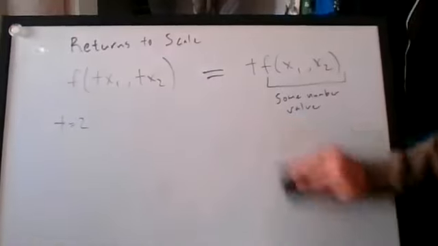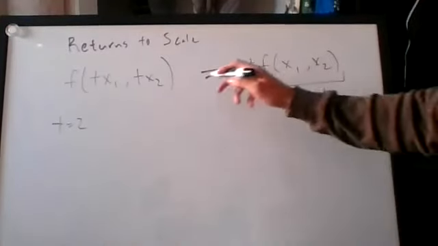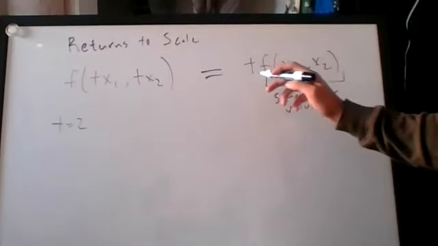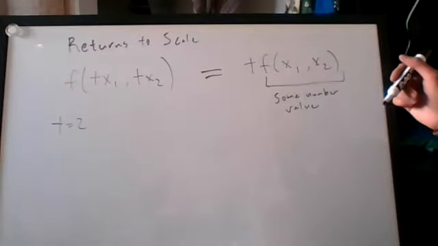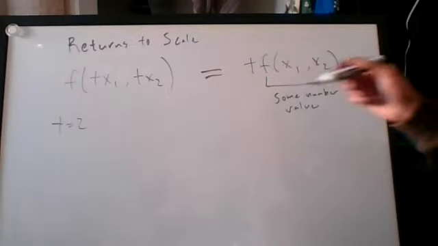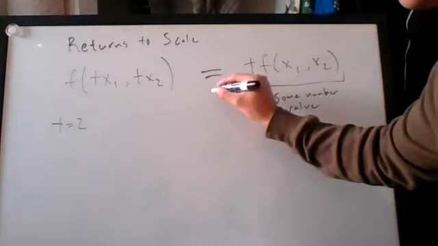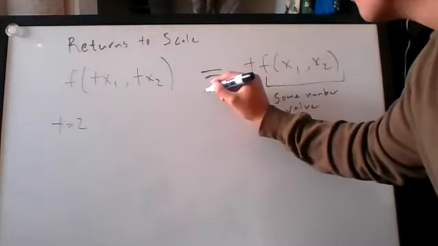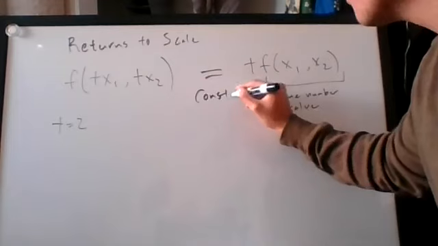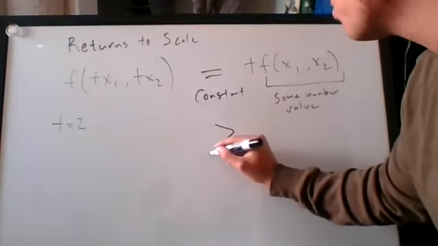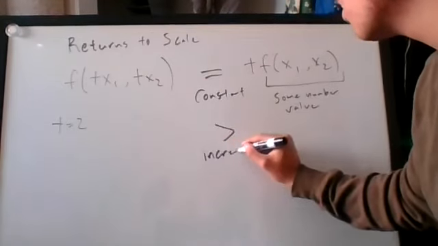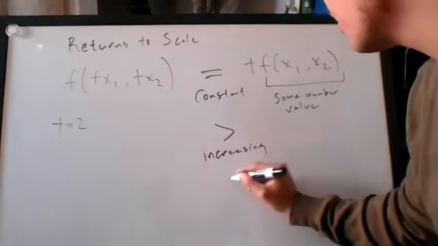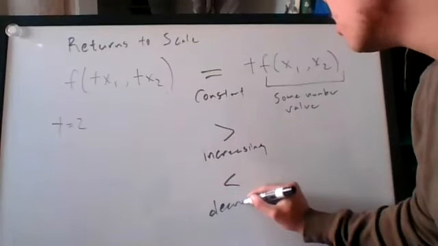And so given that this equals constant returns to scale, something that would create increasing returns to scale would look like this. So this is constant, this would be increasing, and this would be decreasing.